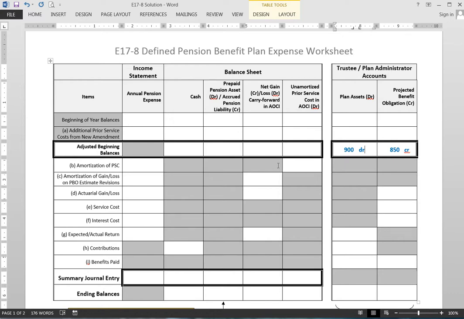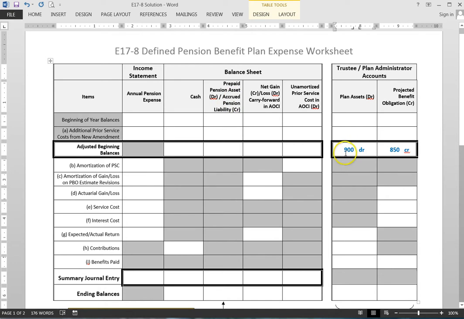accounting for pensions. In any case, we are going to take the difference between the beginning balances here of plan assets and the PBO, and that's going to be either our prepaid pension asset, which is very rare in real life, or an accrued pension liability.